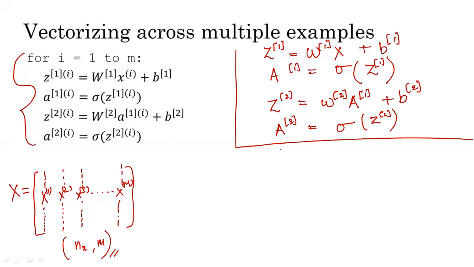Okay, now I have represented capital X as the input feature vector corresponding to m training examples. Now I need to represent this z1 and z2 and a1 and capital A2, all these in the vectorized notation.